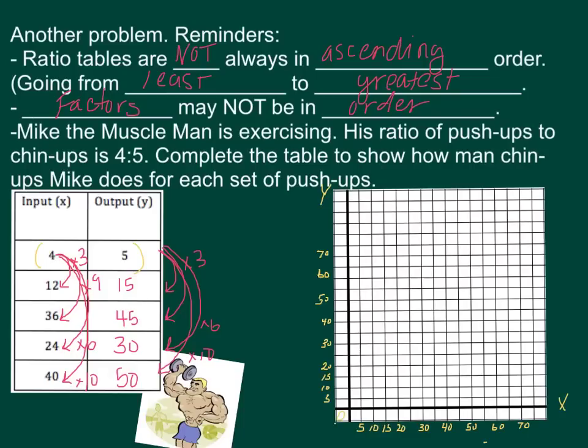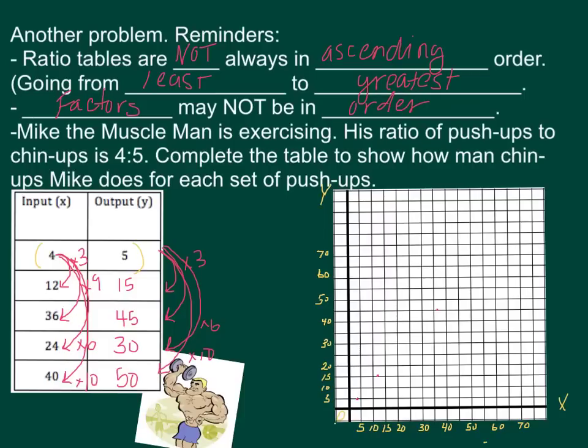And now I'm going to go ahead and graph some of my ordered pairs. My first one says 4 for the x and 5 for the y. So it's not quite going to be exactly on that line, but it will be close. My next one is 12 for the x and 15 for the y. Then I have 36 for the x and 45 for the y.